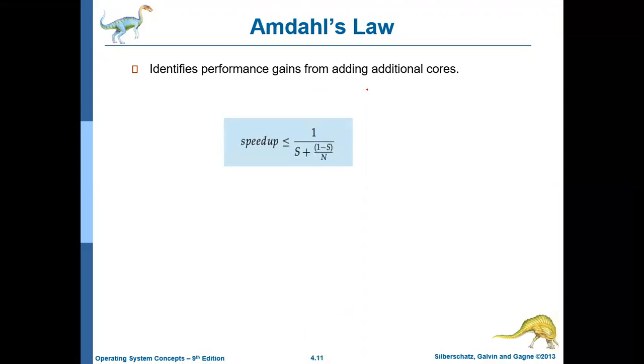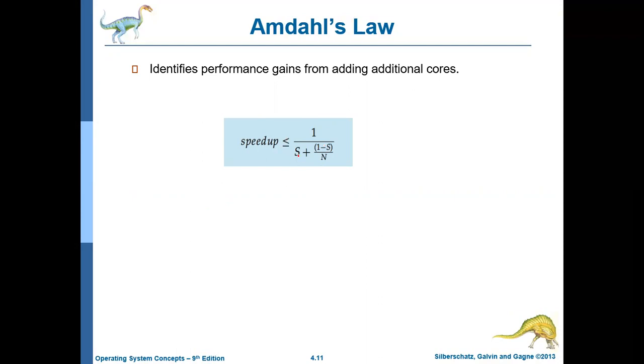This is the formula: speedup is less than or equal to 1 by S plus (1 minus S) by N. The speedup improved by adding more cores will be equal to this.